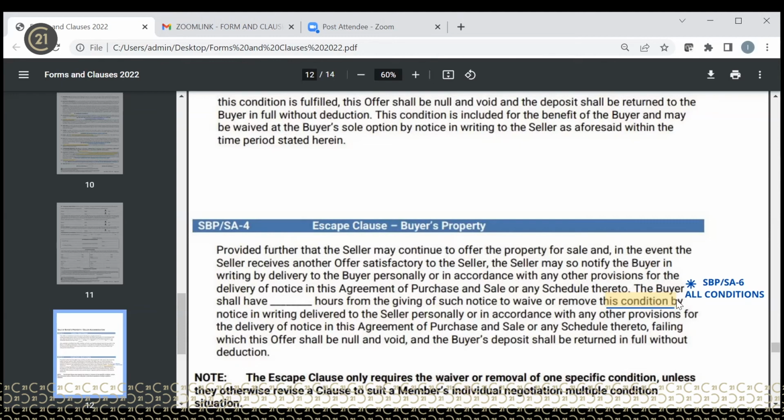So this is to the advantage of a buyer. If you are the seller's agent, you want to use the other one that removes all conditions with the giving of notice. So that's something that I'd like you to really take a look at when you're looking at an escape clause.